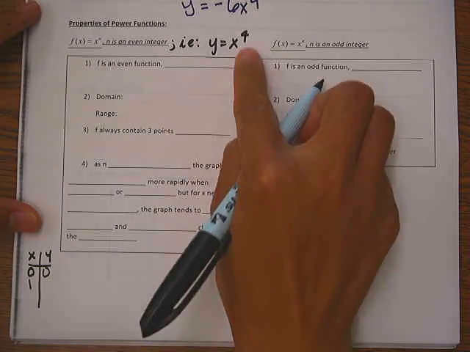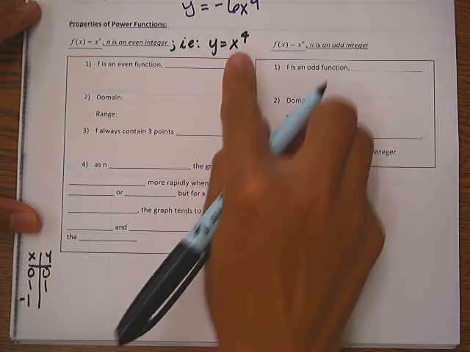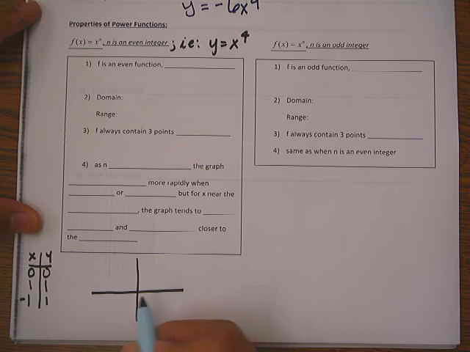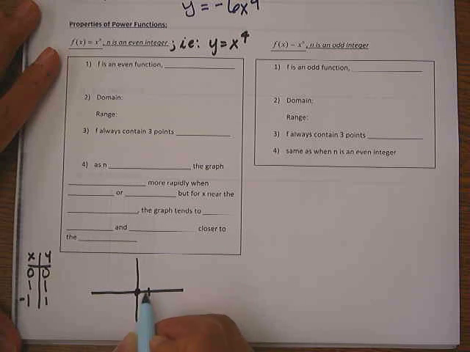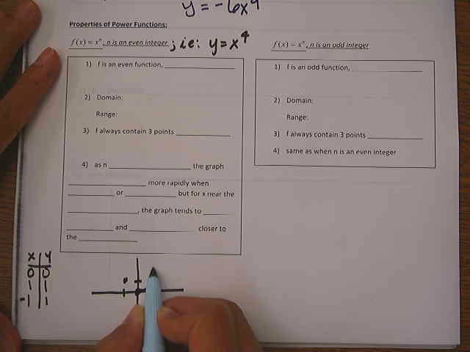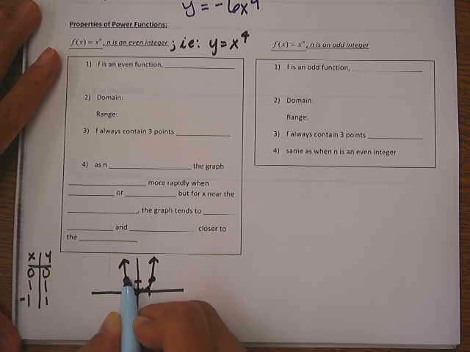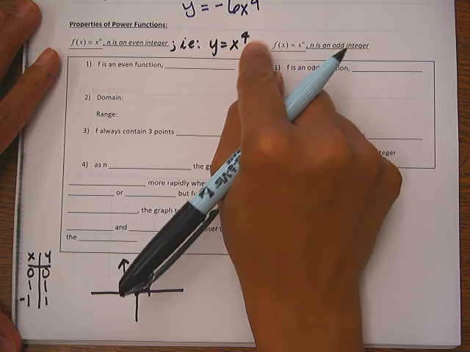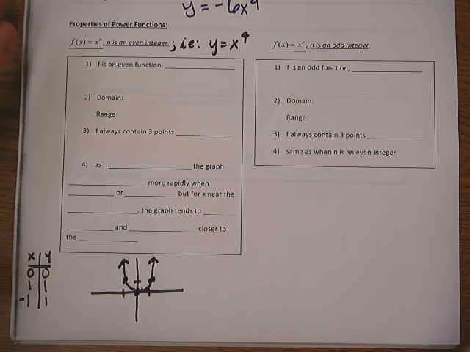When x is 1, y is 1. When x is negative 1, negative 1 to an even power is positive. So if I really need to sketch this out, 0, 0, 1, comma 1, and it looks like this. There you go. Yes, it looks like a parabola because it's just the same as the parabola, except that it shoots up a lot faster because you have a larger exponent.